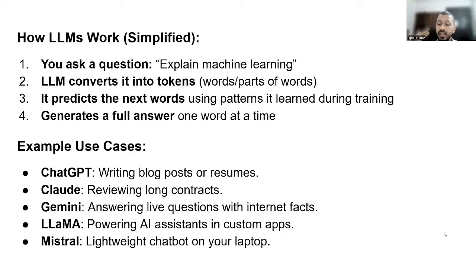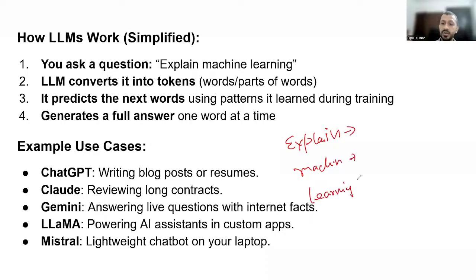Thereafter, it will predict the next word, or predict the answer out of it. How will it predict the answer? When an LLM is working, first it identifies the tokens. Here we have a token like explain, then a token like machine, then a token like learning.